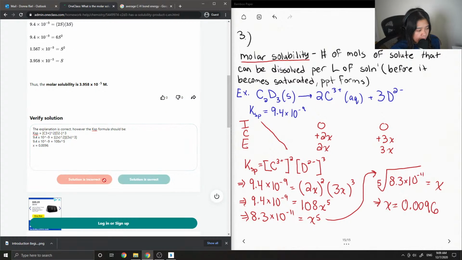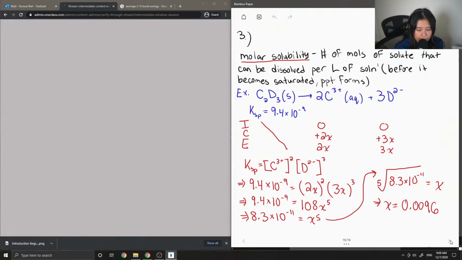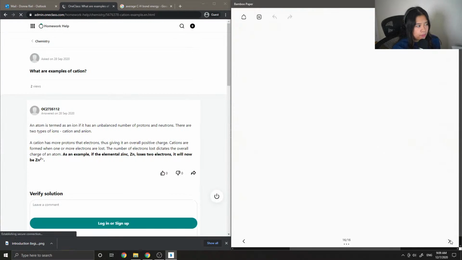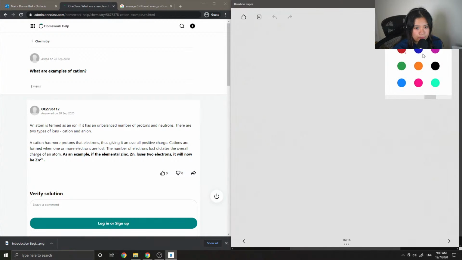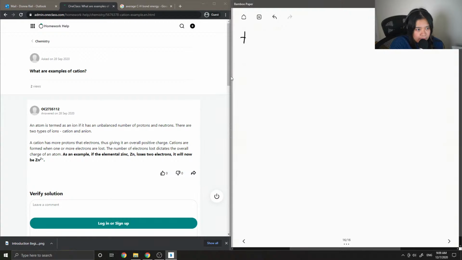Okay, so now we can move on to question number 4. What are examples of a cation? So this can be pronounced like cation, people say cation, but generally this is when you have a positively charged ion.